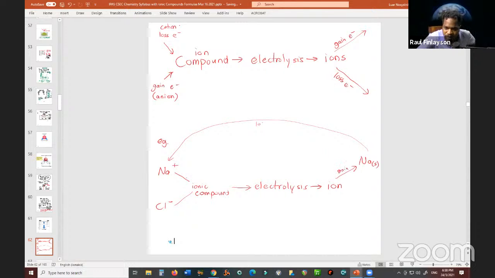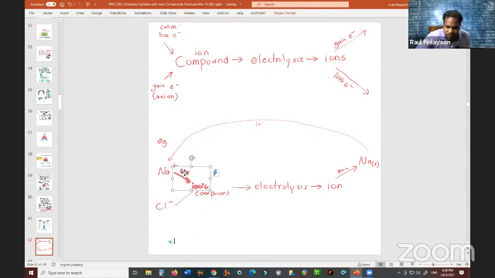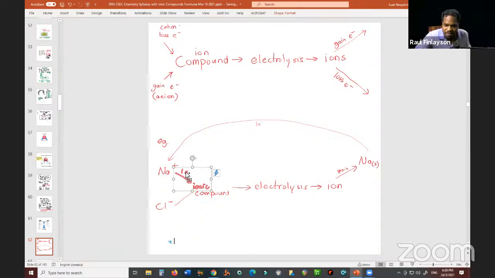And then of course to form the ionic bond, it would have to lose it. So you see the cycle, guys. The sodium would have had to lose the electron to form the ion. But if it's going to go back to where it was, it has to get back that electron that it gave away. And so that's what electrolysis is all about.